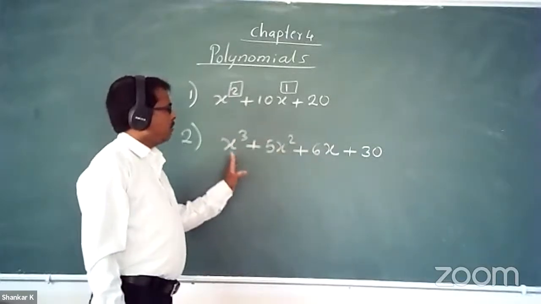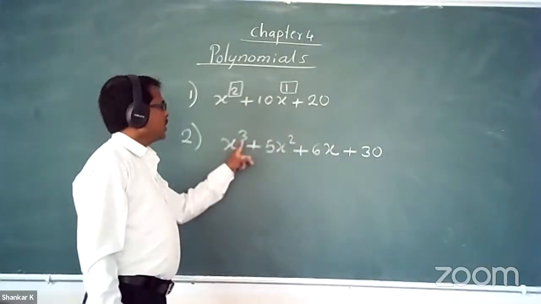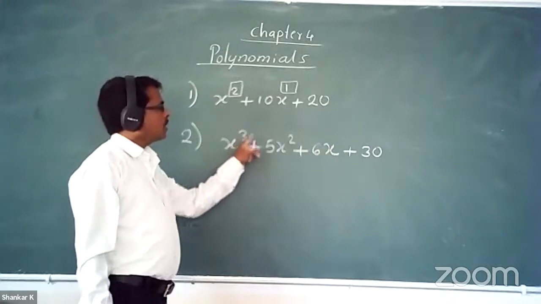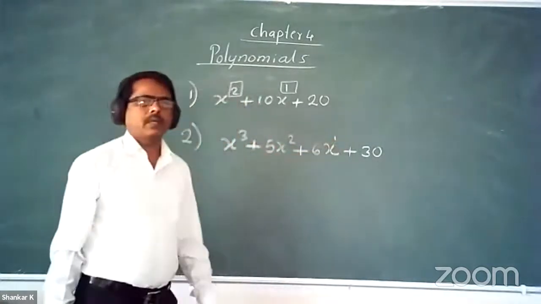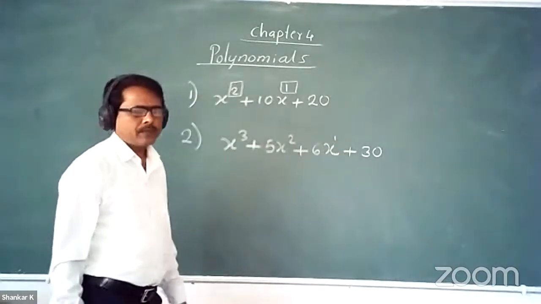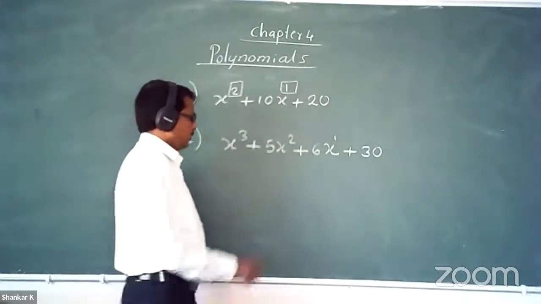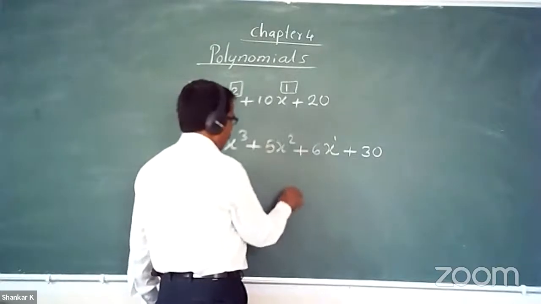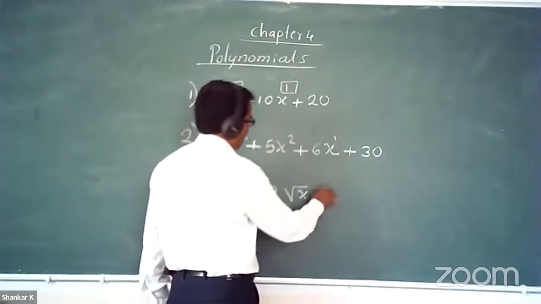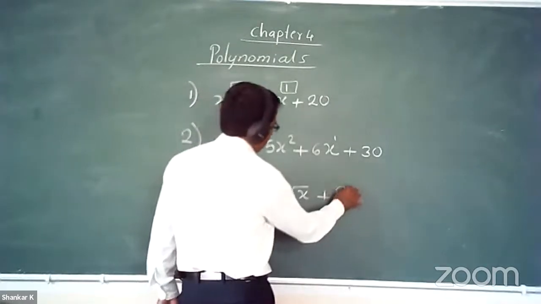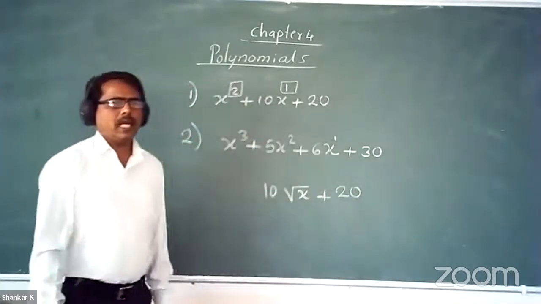It has 4 terms. The exponent 3 is a whole number, 2 is a whole number, x raised to 1 is a whole number, therefore it is a polynomial. For example, if we take 10 square root of x plus 20, is it a polynomial?